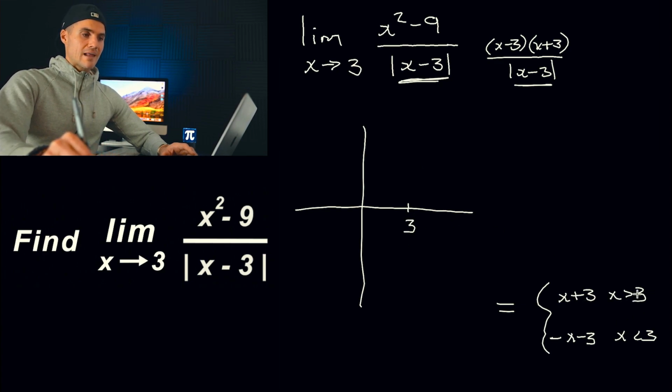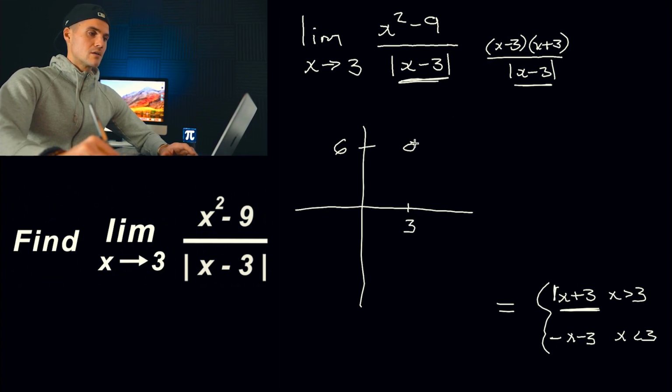So notice that when x is greater than 3, the function is going to be defined by this line x plus 3. So if we plug in 3 here, we would get a y value of 6. Okay, and that's an upward sloping line because there's a slope of 1 there. So the line basically looks like that.